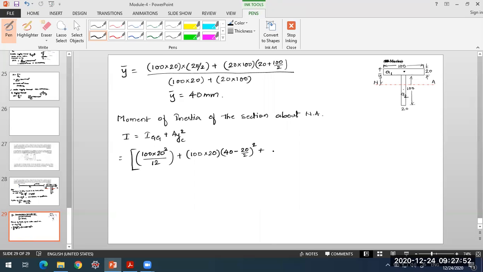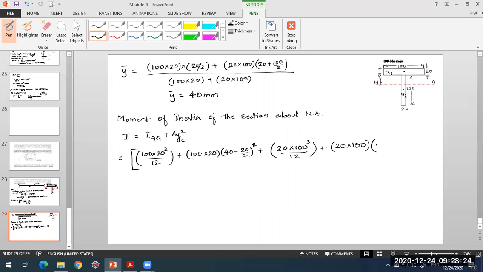Now for the second one, what we have is BD cube by 12, that is 20 into 100 cube by 12. This is the moment of inertia about its own centroidal axis, plus area 20 into 100 into Y_C. What is the Y_C term now? So here Y_C is 100 by 2 plus 20 minus y bar.